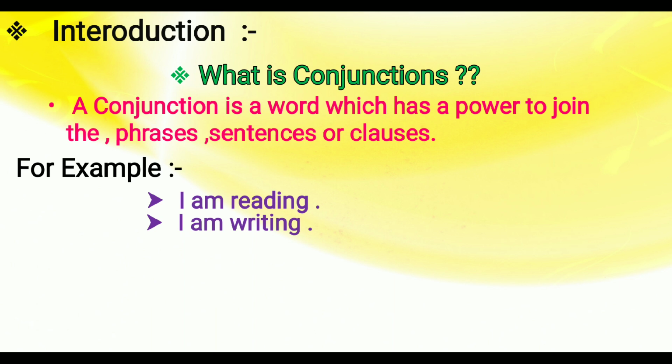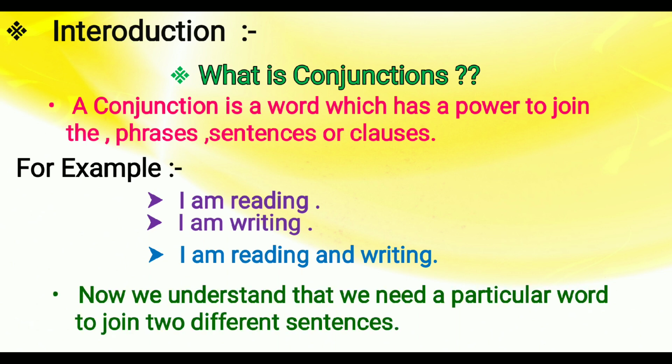So we will write "I am reading and writing". This way we use a particular word to join the sentences. In the same way we also join phrases, clauses, etc.